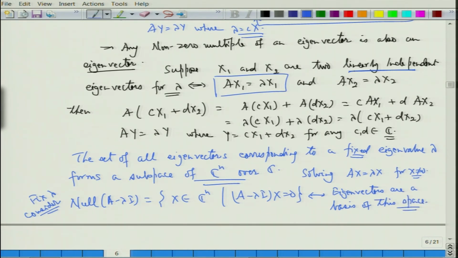So the important thing that you need to understand here is that when I want to give you a set of eigenvectors, those eigenvectors must be linearly independent. All right.